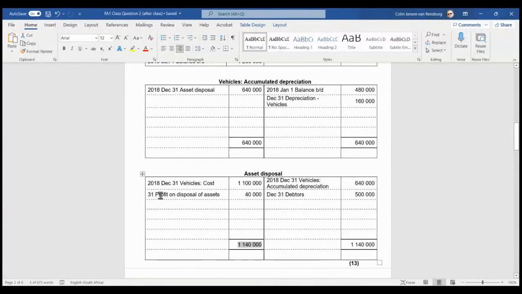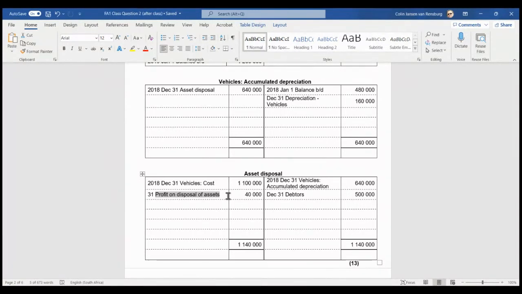And then again, we can simply go through it logically. What does it represent, ladies and gentlemen? At the end of the day, once this transaction leaves the asset disposal account, it's going to end up on the credit side of a ledger account, and therefore it is a profit, right?